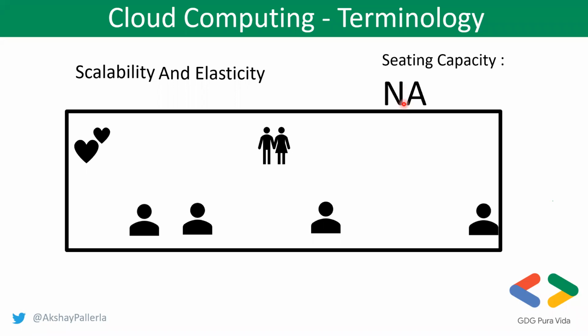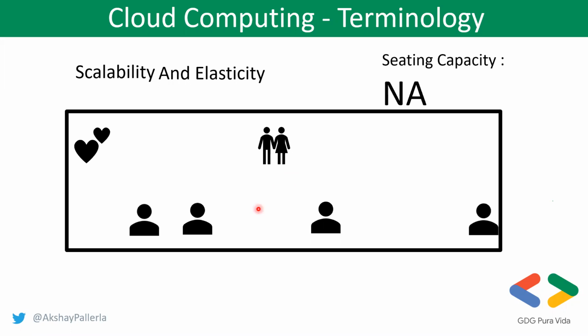So even though my wedding was scalable, it's elastic as well. So even if the number of people reduce, I can manage with that. And if the number of people increase, I can accommodate them as well. Because it is elastic, I can either expand the scope of my wedding or decrease it.